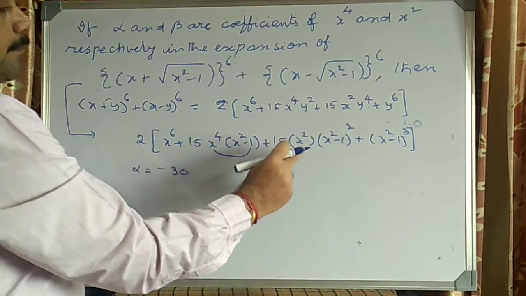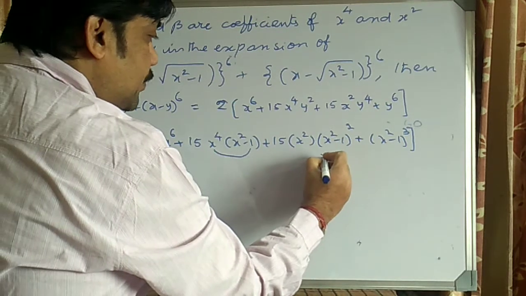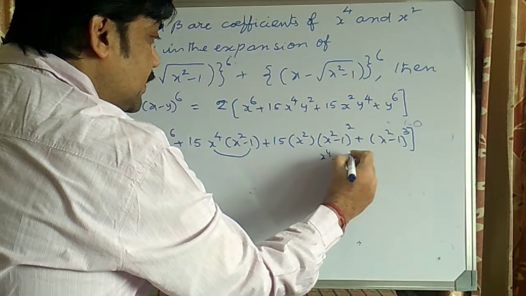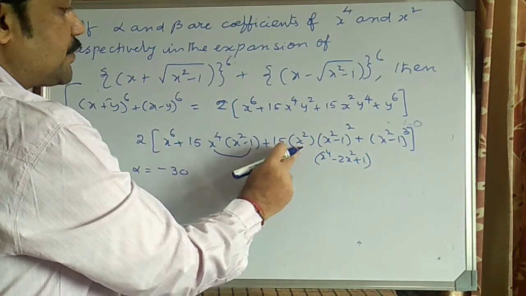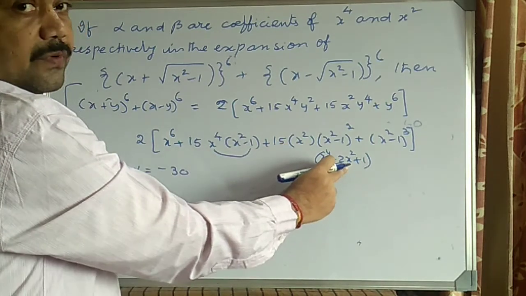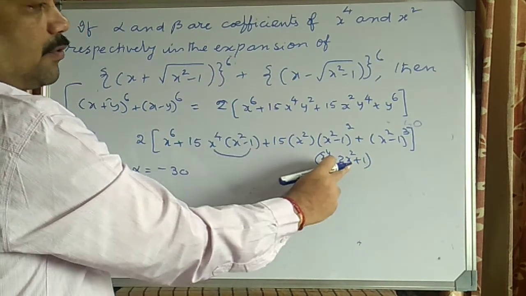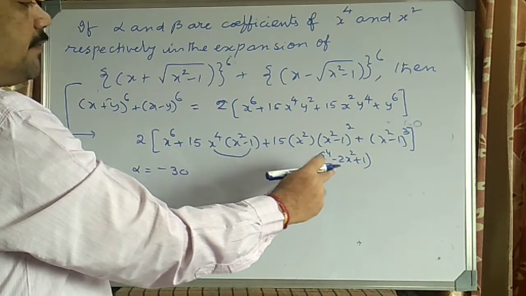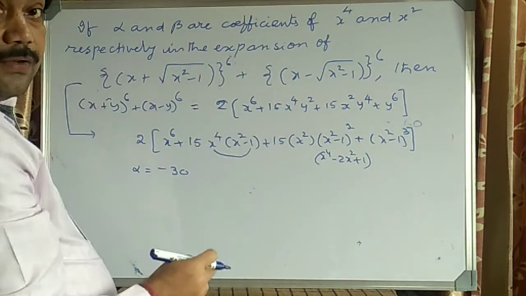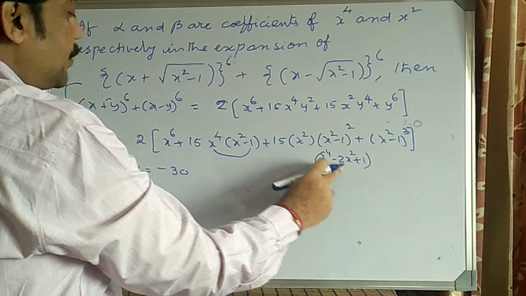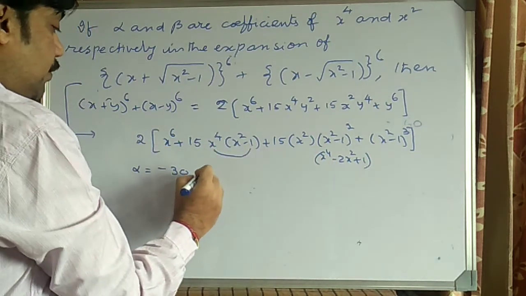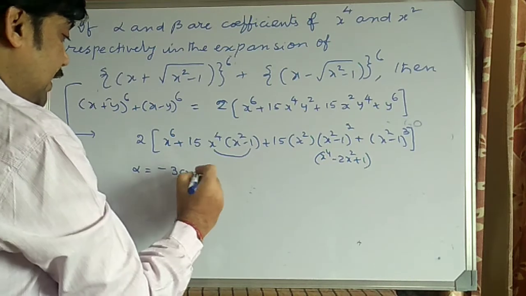Then here I also have x to the power 4 minus 2x square plus 1. You can see this value. So x square multiplied by minus 2x square gives you the x to the power 4 value here. So this is nothing but 15 multiplied by minus 2 as well as plus 2. So this total is minus 60.